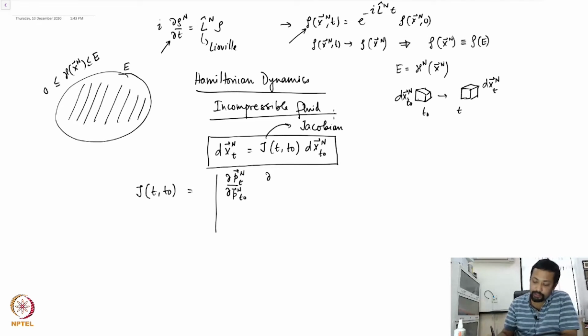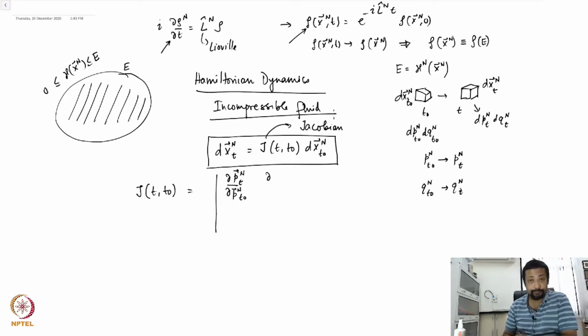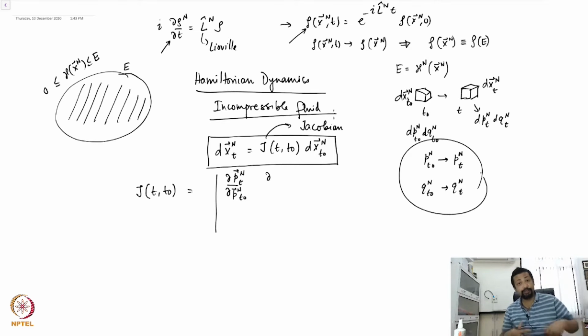The volume element over here is dPN(t0) dQN(t0), and the volume element over here is dPN(t) dQN(t), correct? So essentially there's a transformation involved, which means that PN(t0) goes to PN(t), and QN(t0) goes to QN(t), right? So this is a transformation, and therefore I can write down the Jacobian for this.